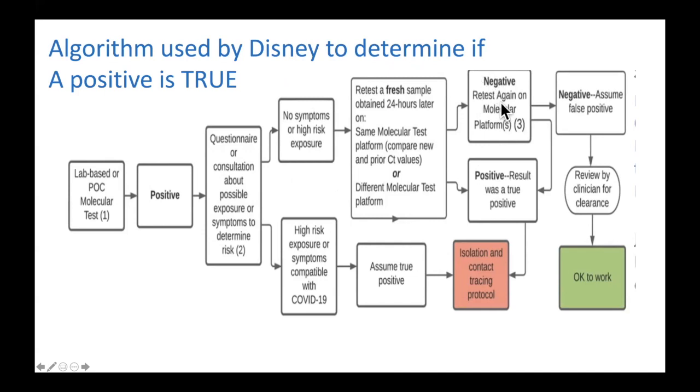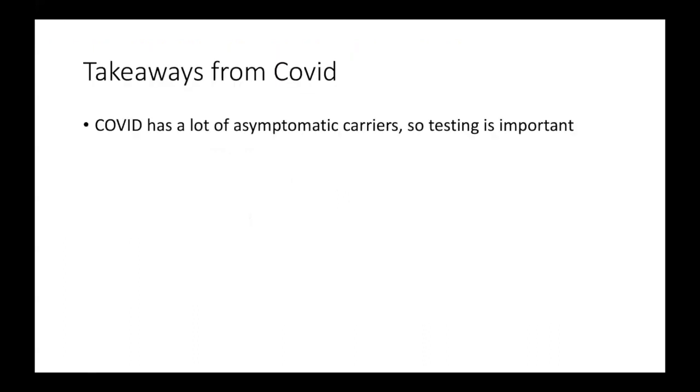And if it's negative, it's a jump ball in a third time, and this was the Disney algorithm. Okay, takeaways from COVID. It's really a tough pandemic because there's a lot of asymptomatic carriers. So it's really important.